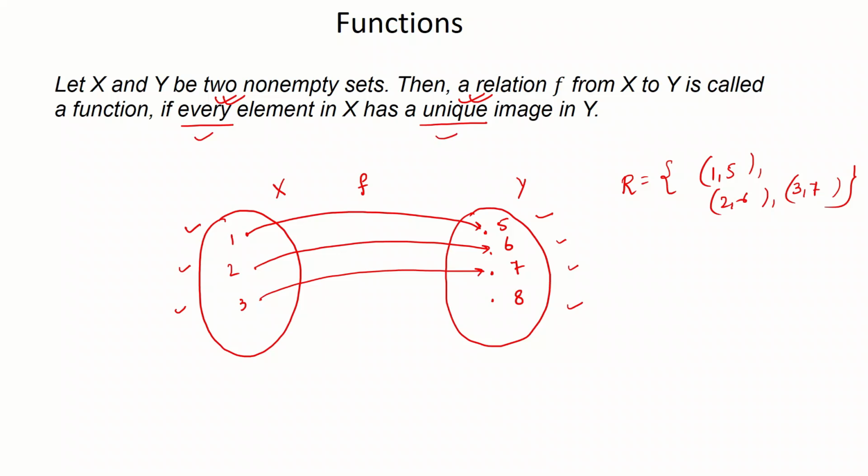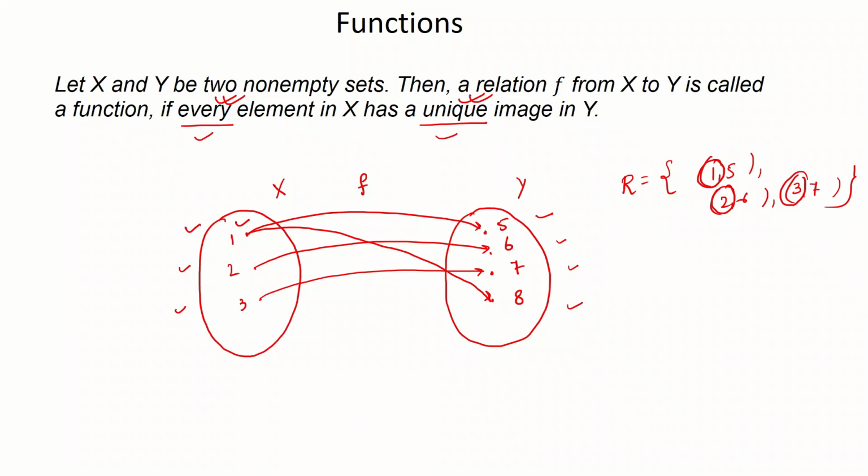So let's understand what we mean by every element in X. If these elements are all the elements that are there in X, that means X should not have any more than these elements. And secondly, for every element in X, say for example 1, there cannot be more than one image. So for example, if 1 is going to 5, then 1 cannot go to any other image, say 8. If it goes, then this relation will not be a function.